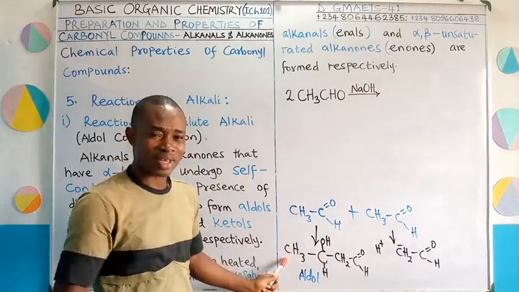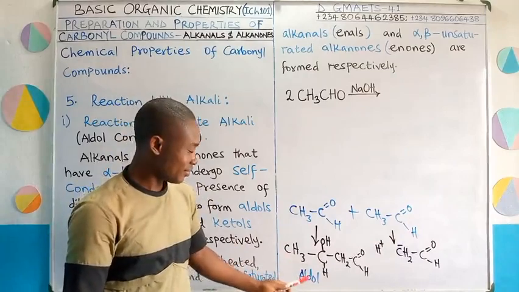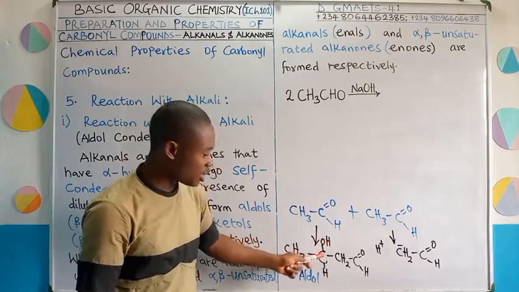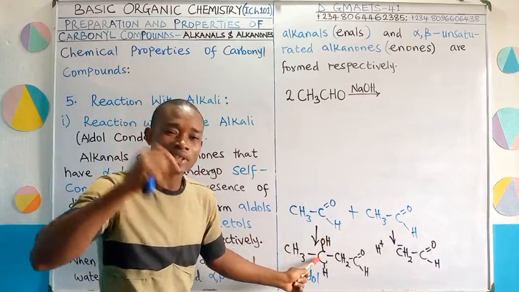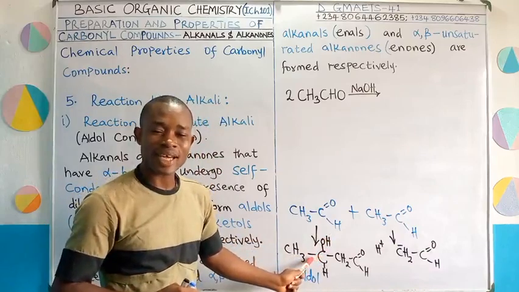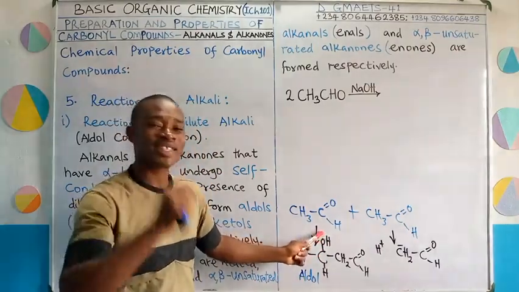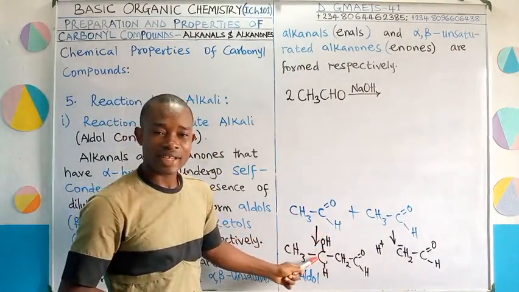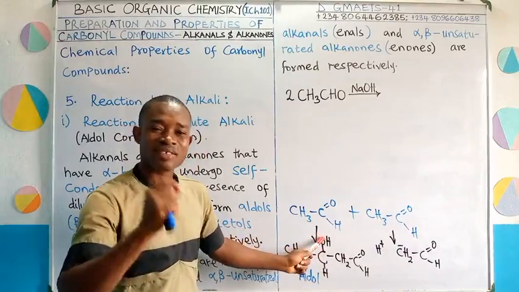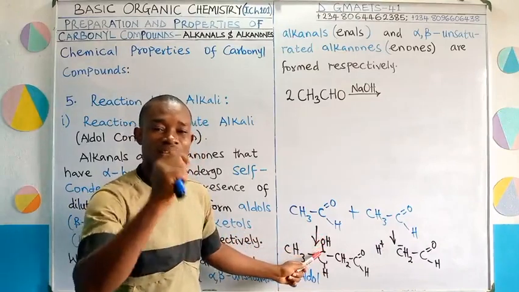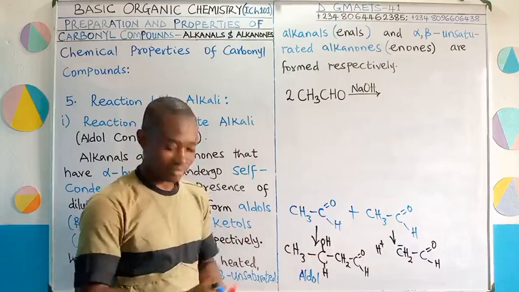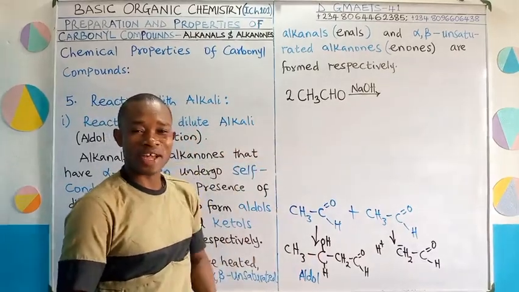I've explained all these concepts in our previous classes. Now, our OH here is formed on the beta carbon. And what does that tell us? Aldols are simply beta hydroxyl alkanal. I take that again. Aldols are simply what? Beta hydroxyl alkanal. And of course, that is what is going to form there as product.